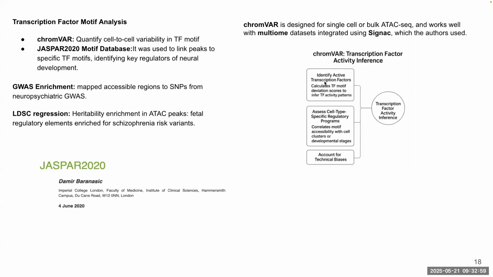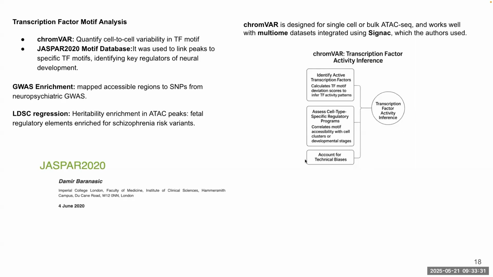So basically, chromVAR identifies active transcription factors, calculates transcription factor motif deviation scores, and infers the transcription factor activity patterns. Also, for cell type specific regulatory programs, it correlates motif accessibility with cell clusters or developmental stages, and also accounts for technical biases. So we have here, let's say, a profile of transcription factors.